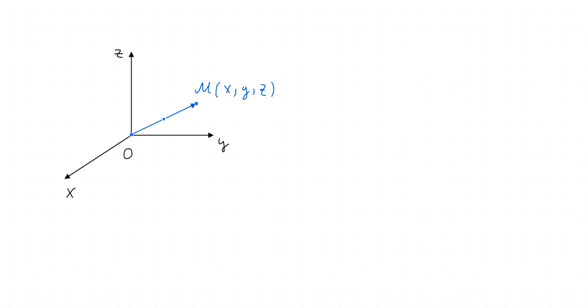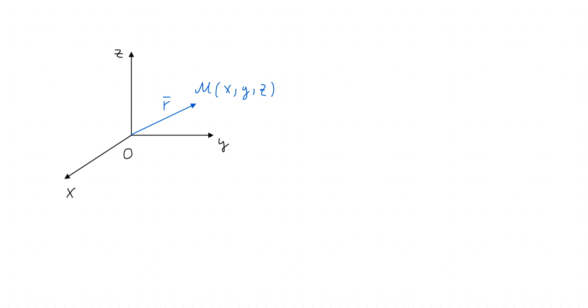It has its initial point in the origin, and the final point is where the material point is. And how to connect coordinates x, y, z and the radius vector? In fact, these ways of defining the place of a material point are equivalent.